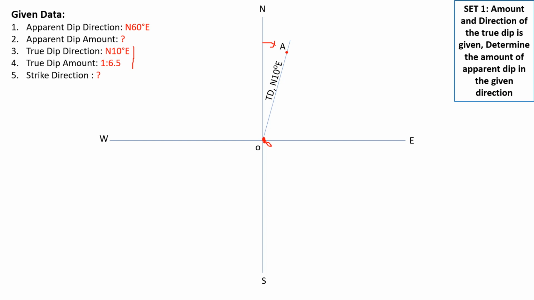Now I'll drop a perpendicular to the line OA at point A. Then, parallelly, I'll transfer this strike line from point A to point O with the help of a ruler scale.